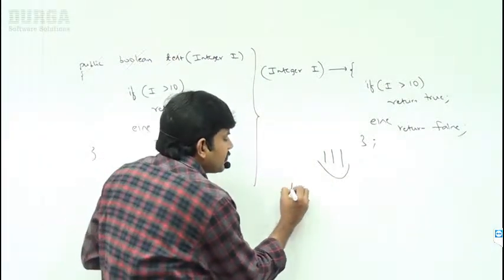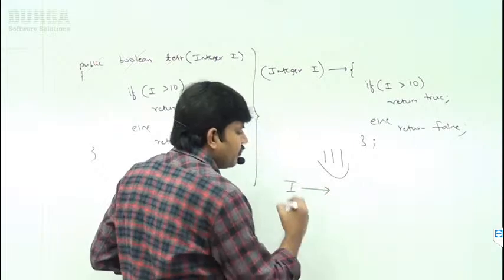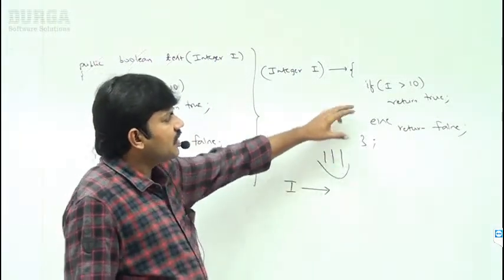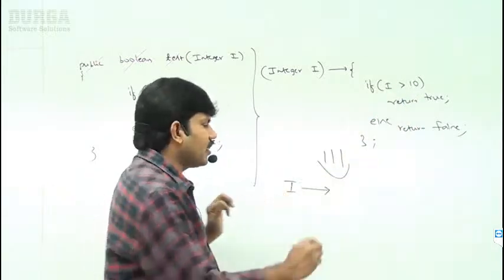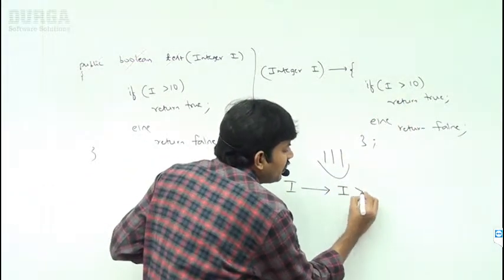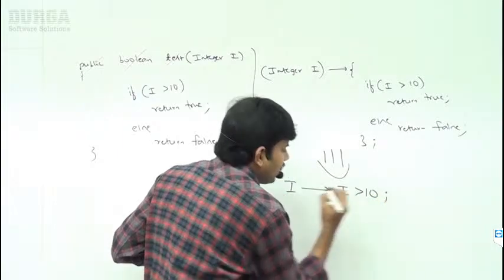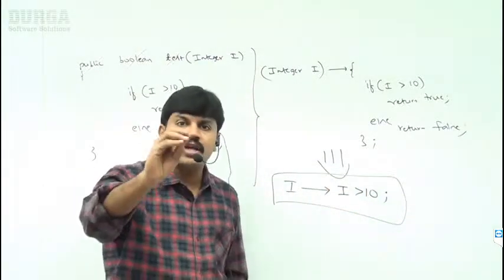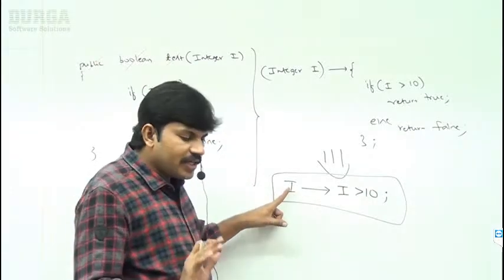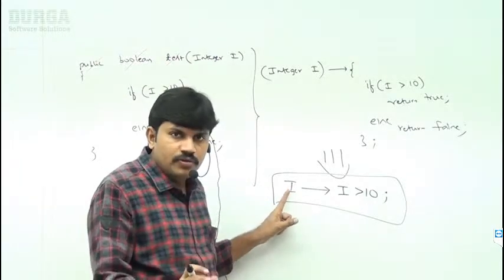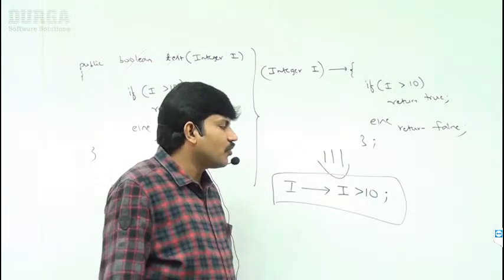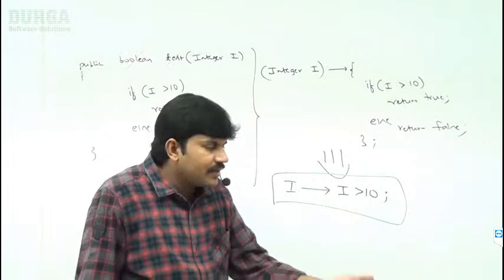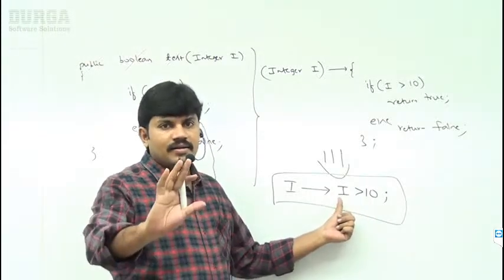So we just write i. Next, the return and all this code I can replace: i greater than 10. So this is the equivalent lambda expression. If I provide an i value, our lambda expression checks whether it is greater than 10 or not, returning true or false.